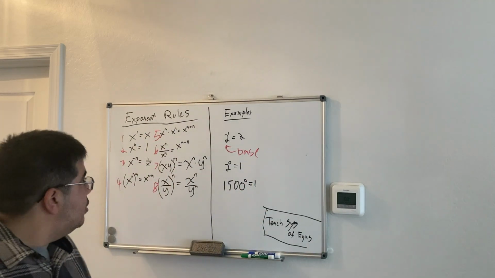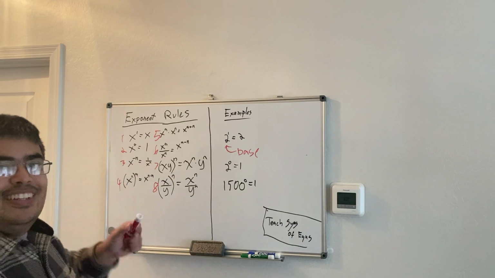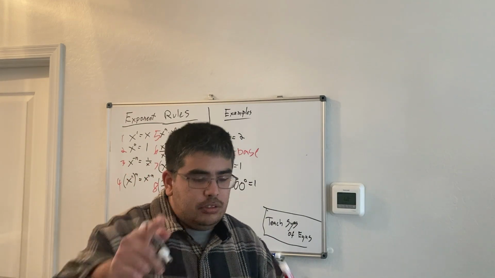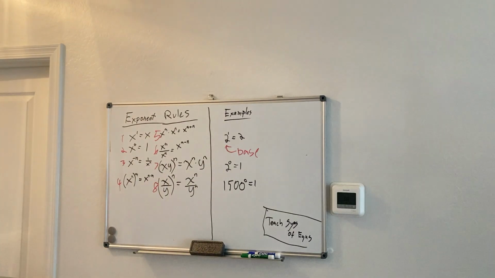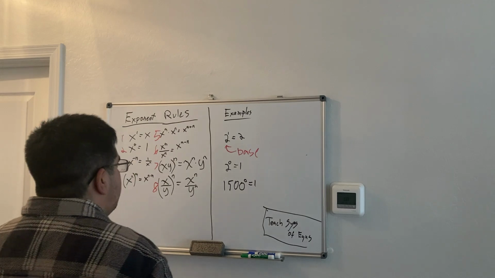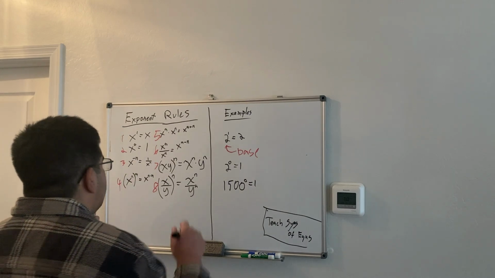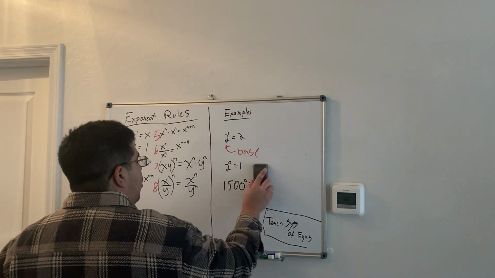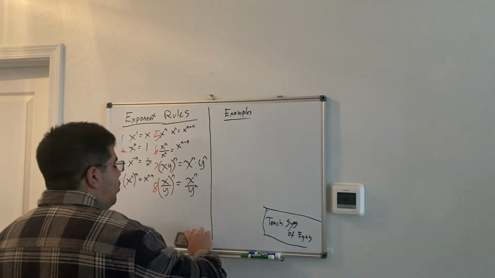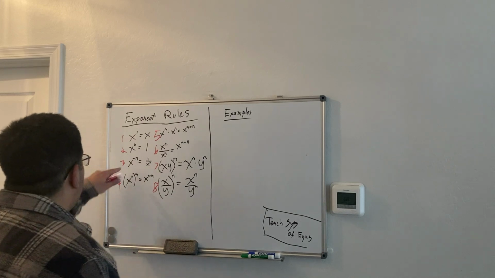Any number to the 0th power equals 1. Awesome. So we've gone already over rules 1 and 2. Pretty simple. Let's go with rule number 3.